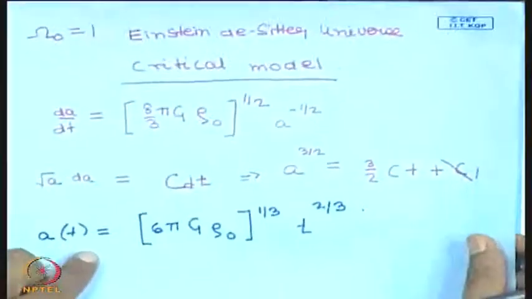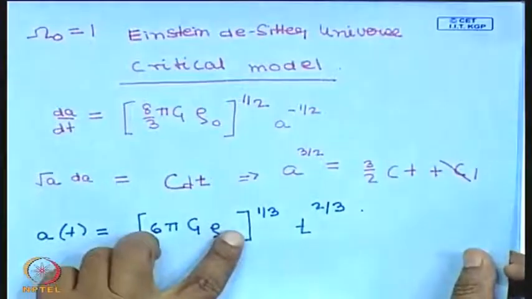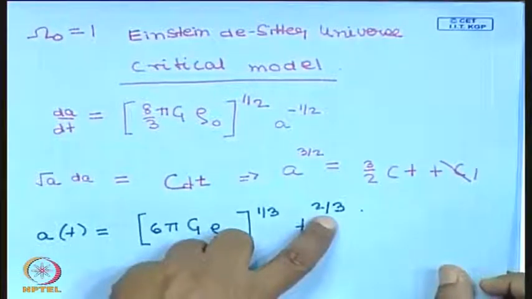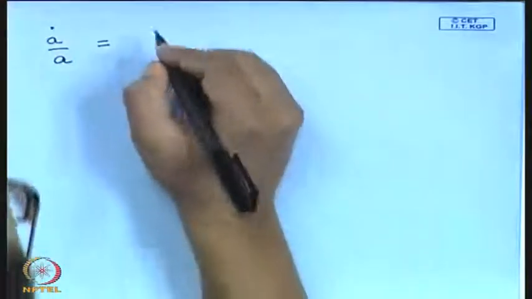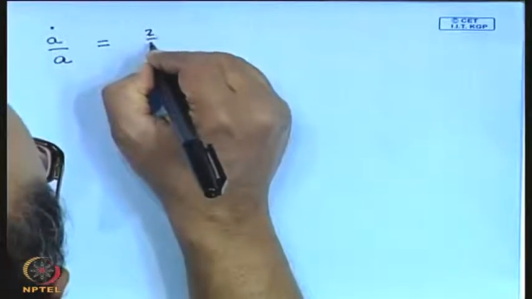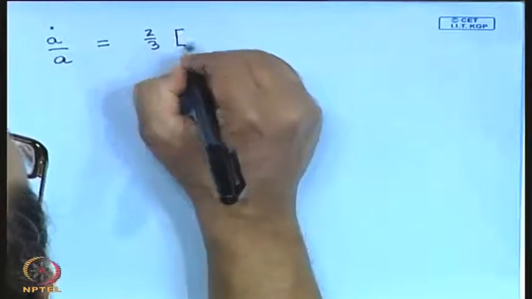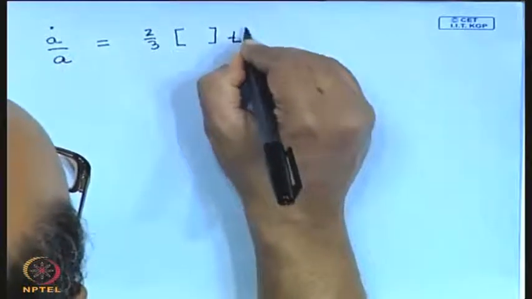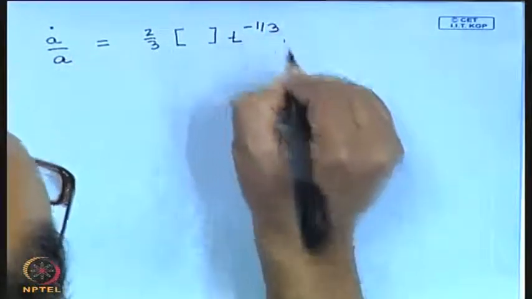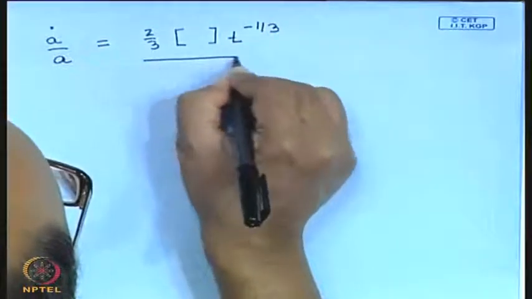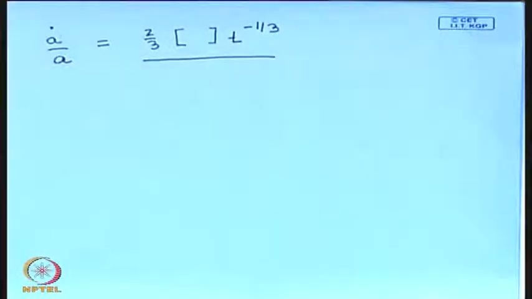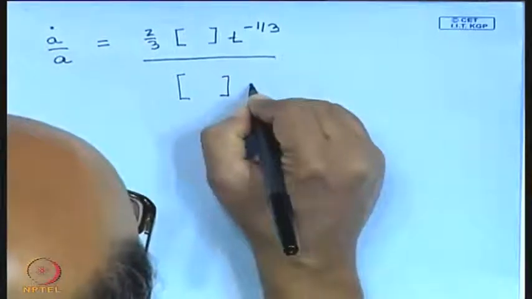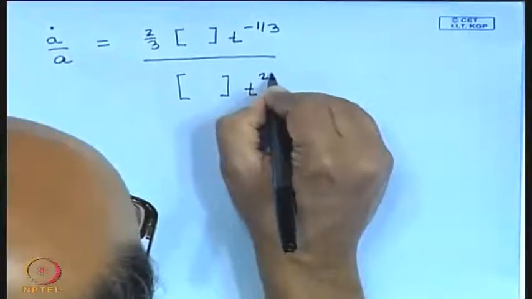In this model, if you calculate the Hubble parameter, A dot by A, so if I differentiate this, I will have the constant 2/3 t to the power minus 1/3. So let me write it here, 2/3 the constant t to the power minus 1/3, that is the A dot, divided by the same constant t to the power 2/3.